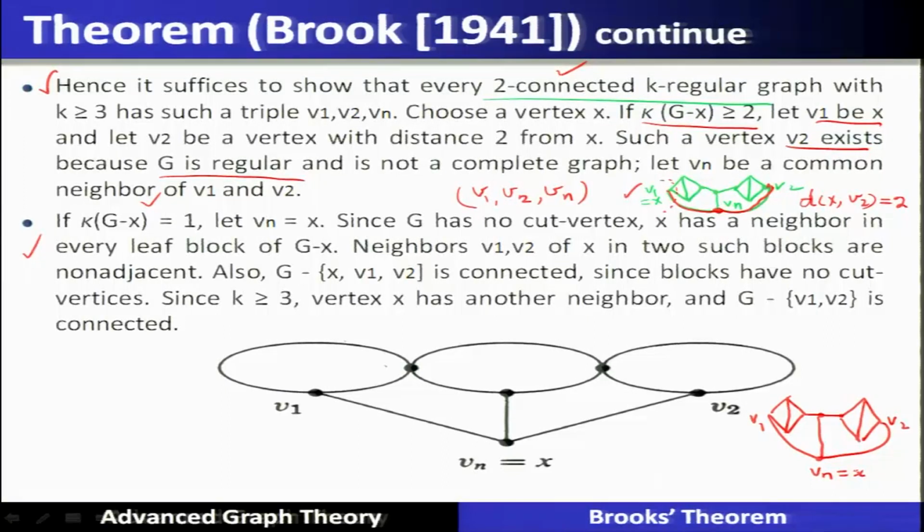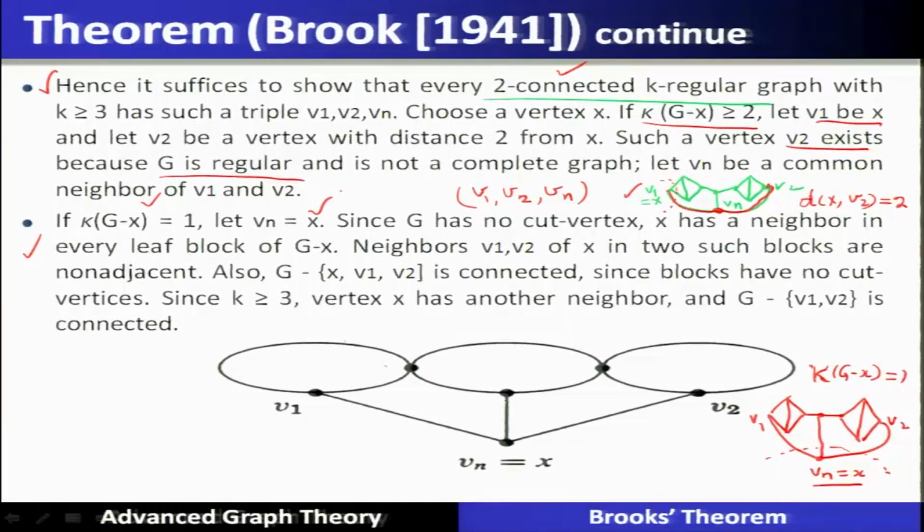Now, in this particular graph, if we consider it without x, the connectivity kappa of G without x is equal to 1. So, if x is removed, then the connectivity is 1, and let us consider Vn equal to x.